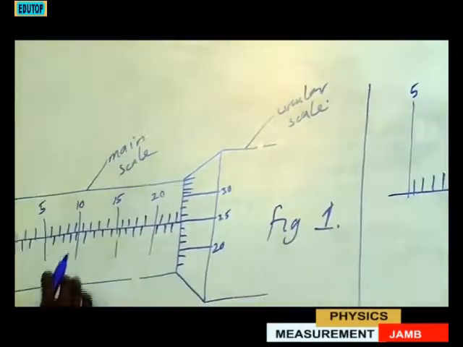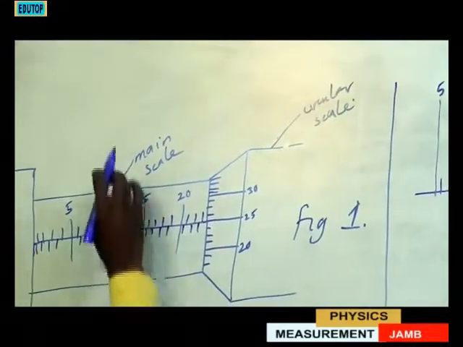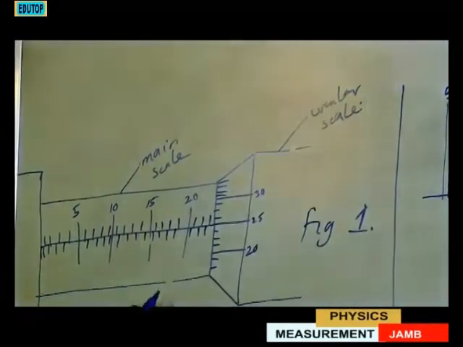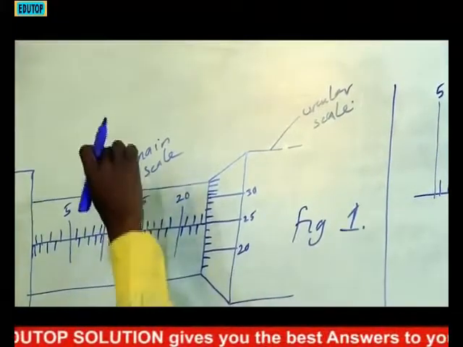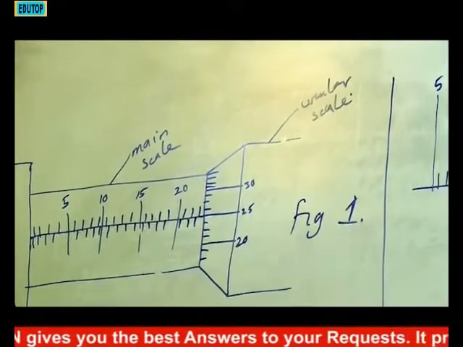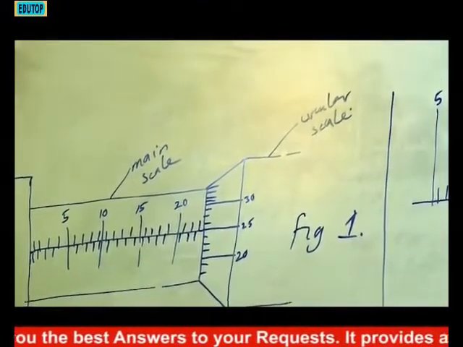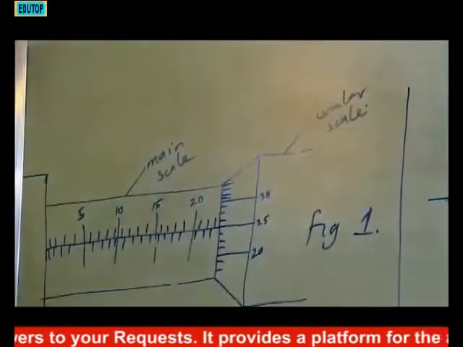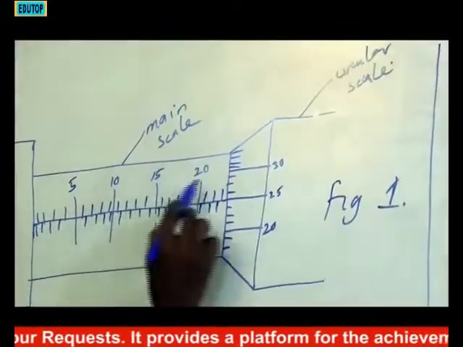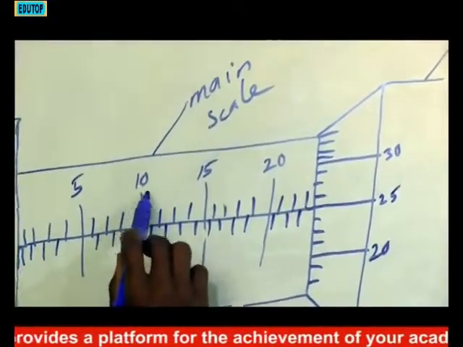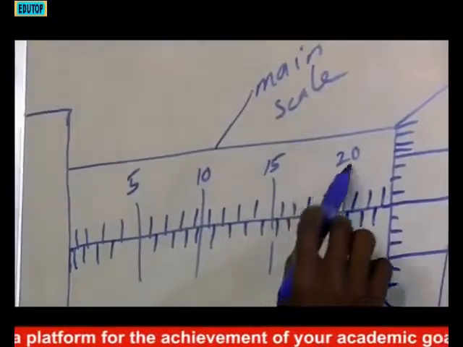So it is the reading of both the main scale and the circular scale that will give us the total reading of the micrometer screw gauge. I'm only reminding you of what you have learned. So let's go. The main scale. Look at what we are having here now. This is 5, 10, 15, 20.